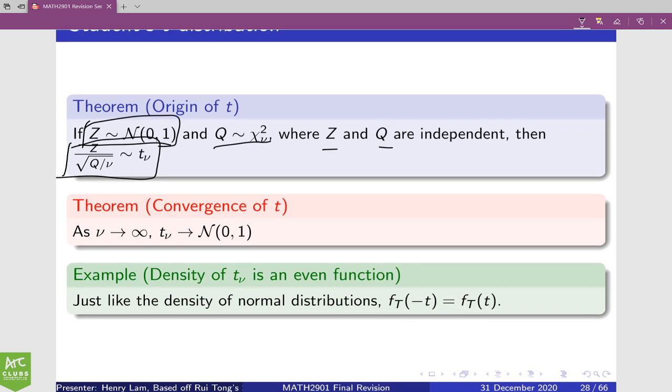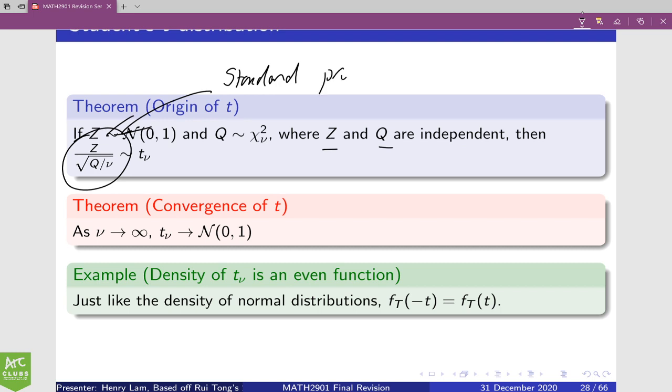Now, if you just focus on this thing here, this looks kind of like the standardization process for the normal. Or it kind of looks like CLT, I should say, to an extent.